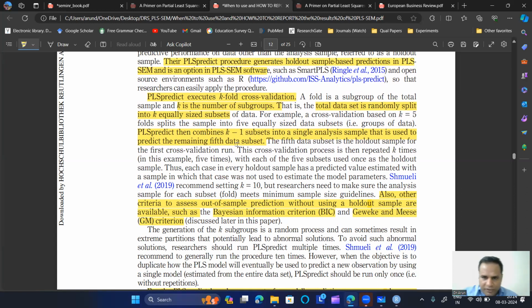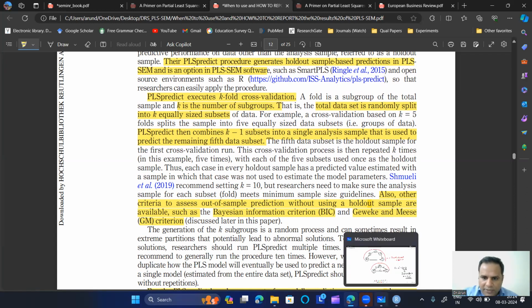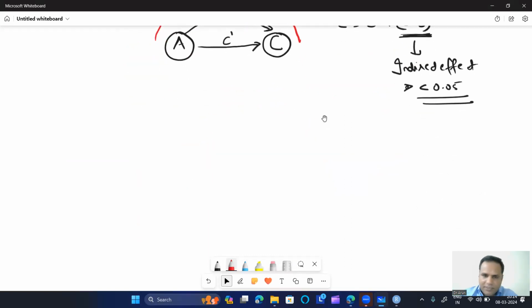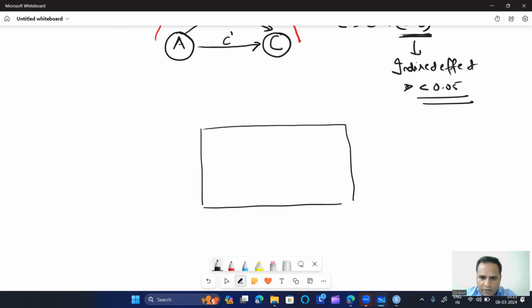Let's say this is your original sample data set, and you gave the command to the software to generate k equal to 5 folds.